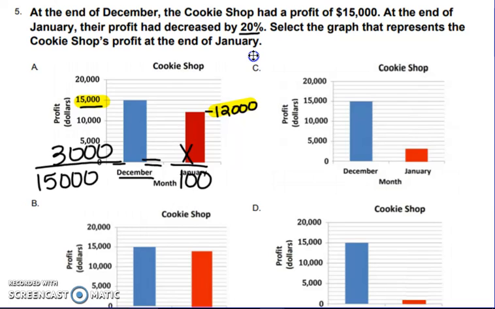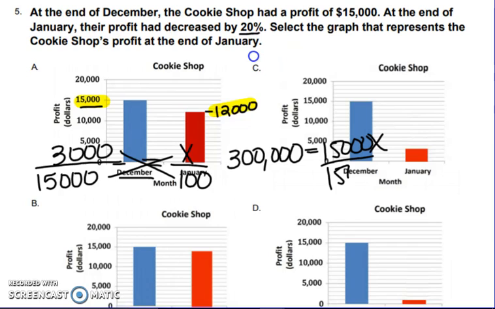So I'm going to go ahead and multiply 3,000 times 100. And again, I apologize, I'm short on room here. So that gives me 300,000. It's a lot of money, a lot of zeros. And I'm going to multiply 15,000 times X. And you guys are awesome at this.